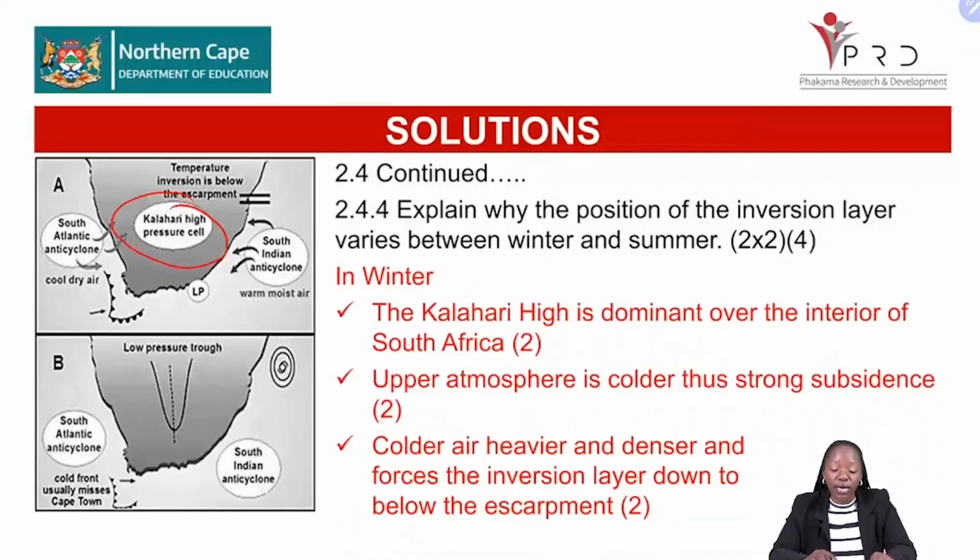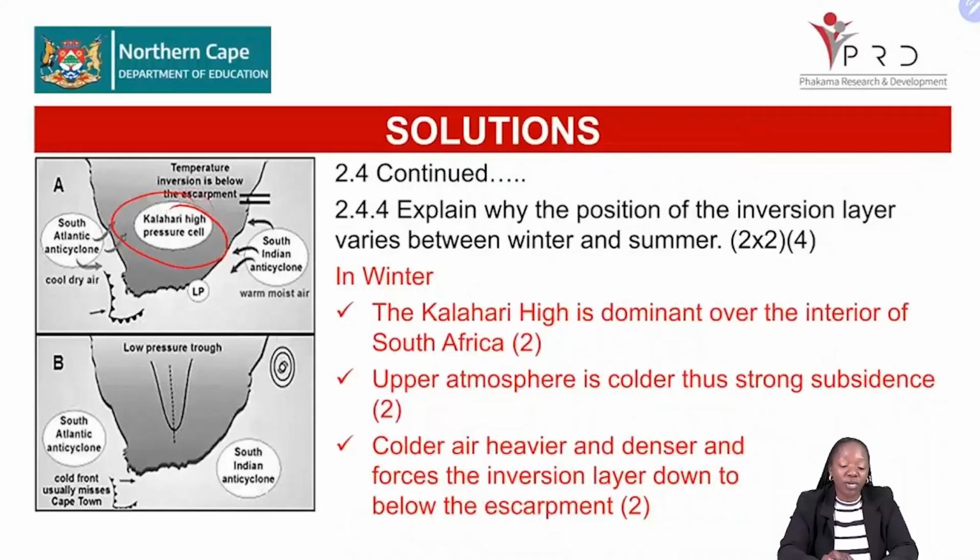And we're looking at the upper right. So in winter, as you can see, the Kalahari is dominant over the interior, as you can see there in the diagram. And then also the upper atmosphere is colder, so there is a stronger subsidence because of the cold air. And the cold air, which is heavier and dense, will force the inversion layer down below the escarpment.